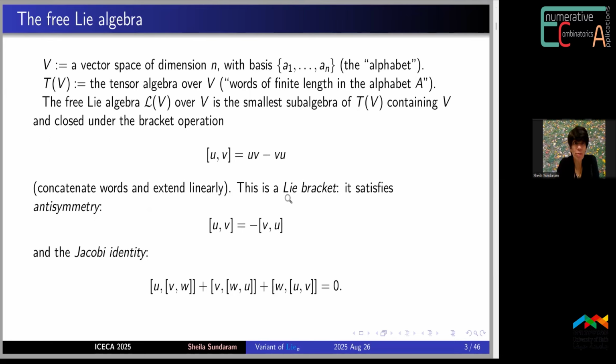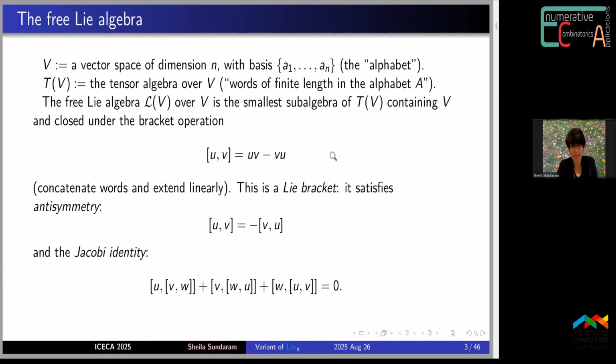So let me start with the free Lie algebra. So I have a vector space of dimension n with basis a1 through an. If you like combinatorics on words, you can think of this as the alphabet. And then the tensor algebra over V consists of words of finite length in the alphabet A. And the free Lie algebra is just simply the smallest subalgebra of the tensor algebra that contains V and is closed under this bracket operation.